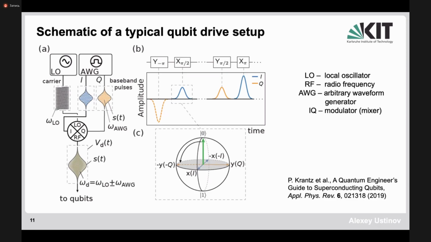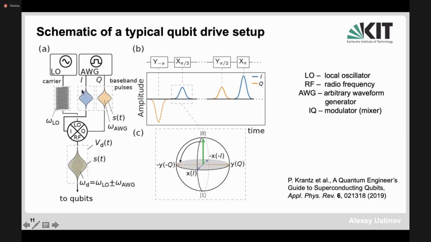For example, one can adjust the amplitude and phase such that one can suppress the red tone and leave only the blue tone above the local oscillator, or suppress the blue tone and leave only the red tone. Now, this technique is a standard for any type of modern communication. Basically, you get the driving frequency, which will be the sum or the difference of the local oscillator and the arbitrary waveform generator frequency.